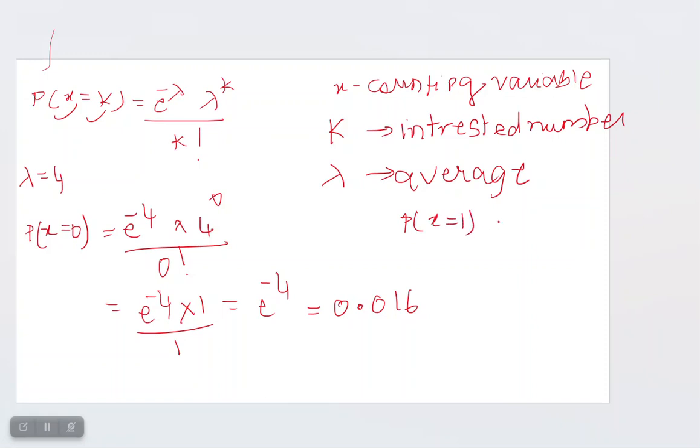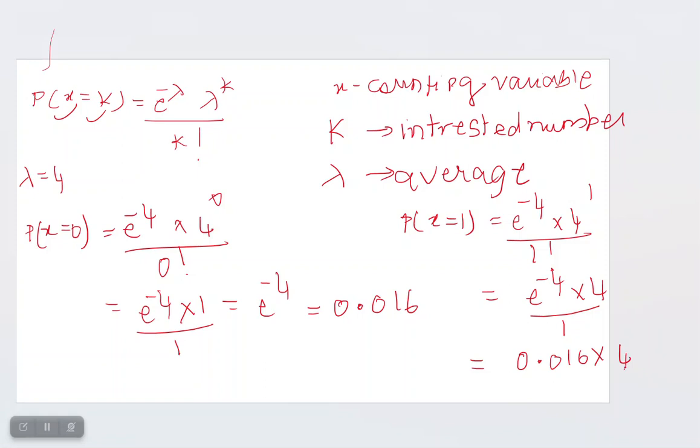Similarly, we want P of x equal to 1. It will be e raised to minus 4, 4 raised to 1, so k will be 1, upon 1 factorial. e raised to minus 4 is 0.016, into 4 ones are 4. This value is 0.064. So P of x equal to 1 is 0.064.